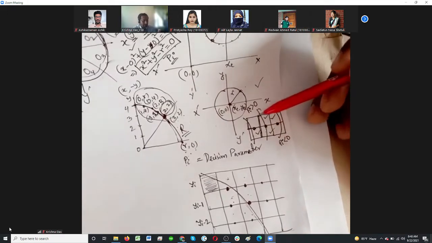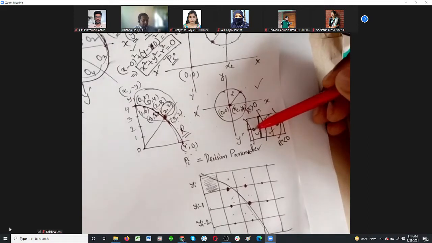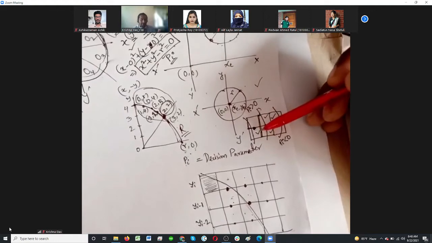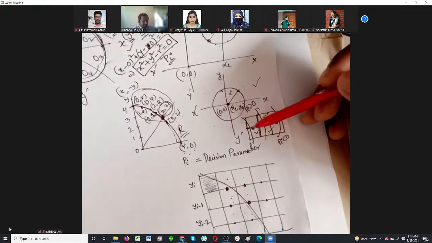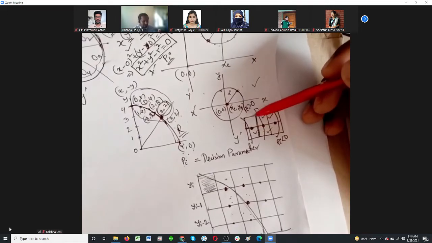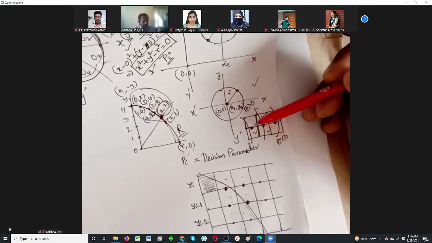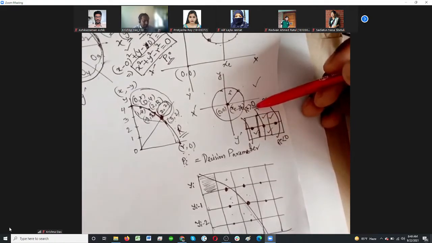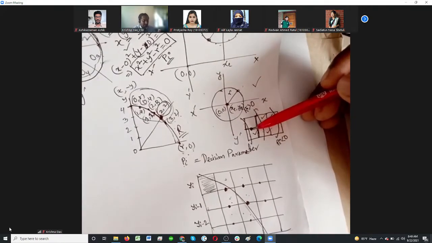Now, what will happen when you have found that the midpoint is outside the boundary? That means the line is going before that point is arriving, that is in between that midpoint. Then we can consider that the midpoint value is definitely greater than 0.